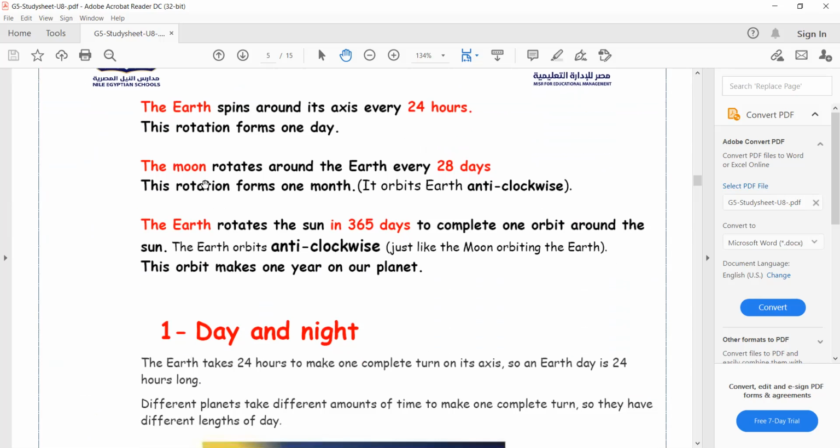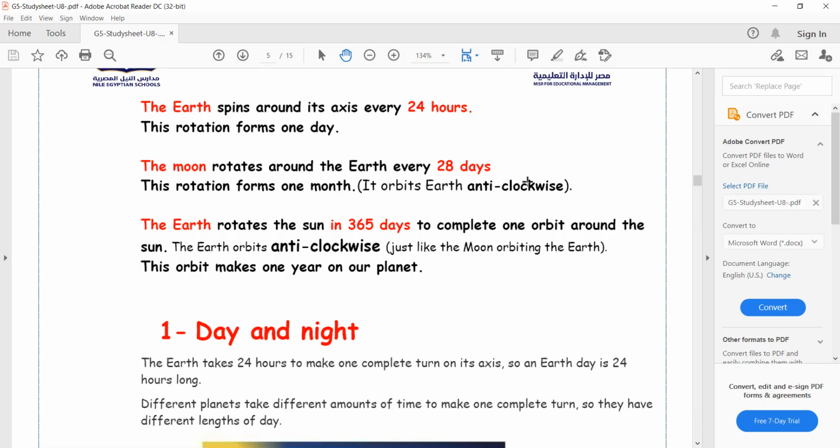The moon, this word should be revolve, not rotate. The moon revolves or orbits the Earth every 28 days. That makes the lunar month, like the Islamic calendar, like Rajab, Shaban, and Ramadan, and so on.